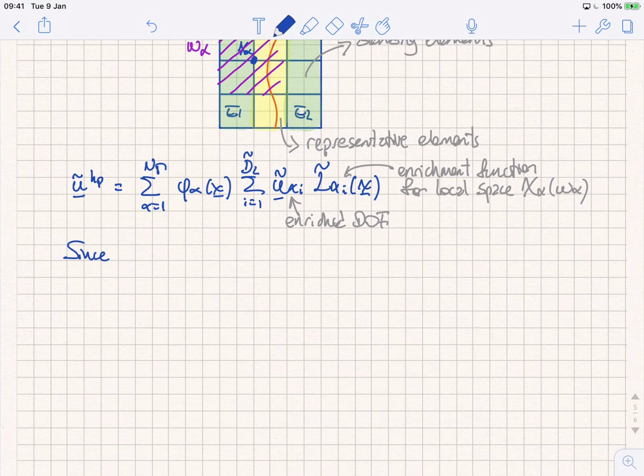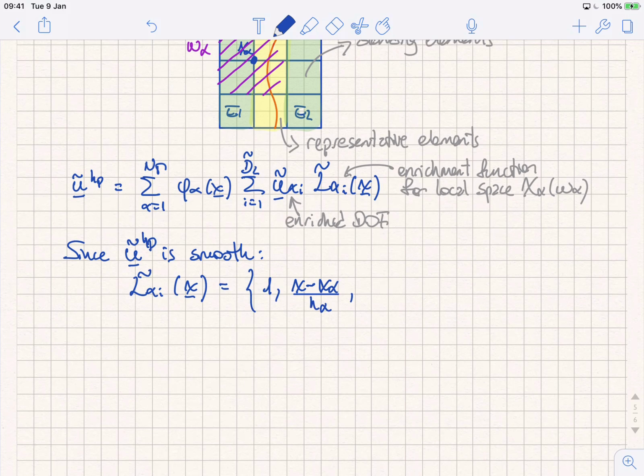Since U HP is smooth, my L alpha I for the smooth part, these are my enrichments. Who remembers the shape of these polynomial enrichments? We saw them the first class. X minus X alpha divided by H alpha.